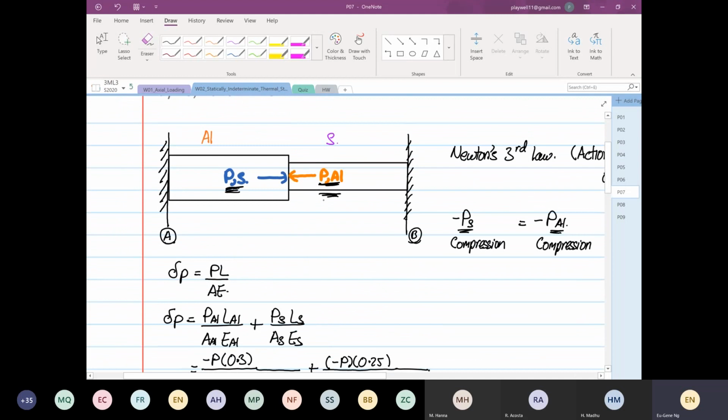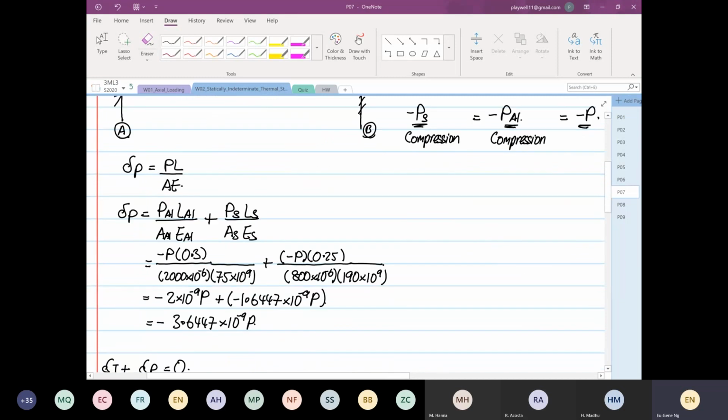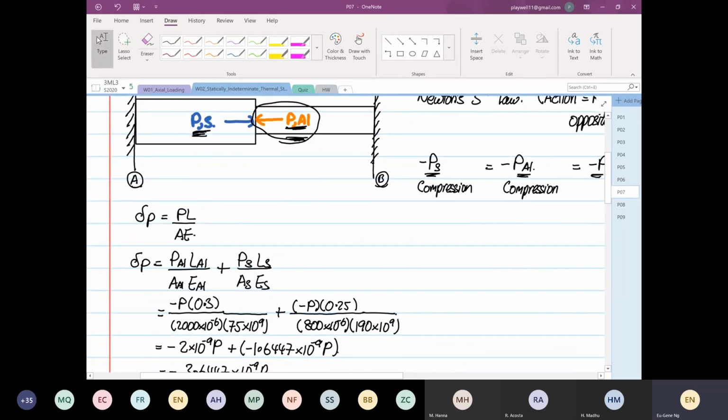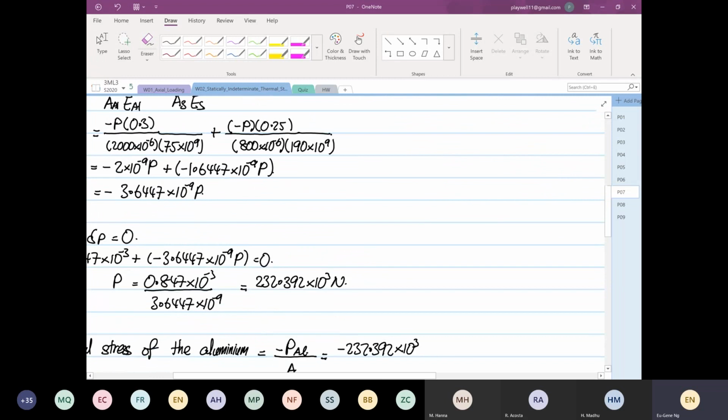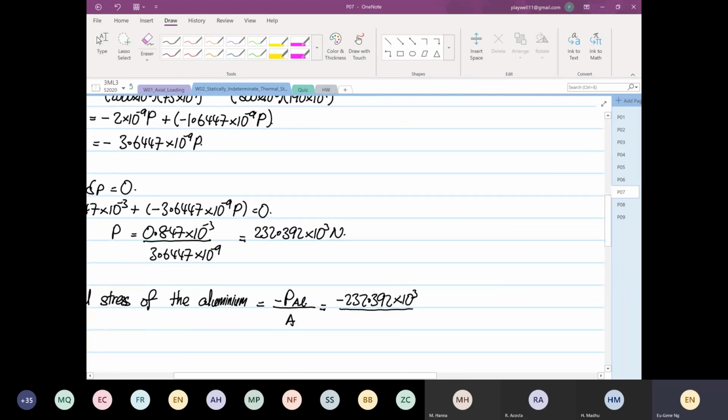Because the P aluminum is inducing a compressive stress, right? Makes sense, so it's minus, and then divide by the cross-sectional area of the aluminum, which is 2000 times 10 to the power minus 6. So this will come out to be minus 116.196 times 10 to the power 6 Pascal.